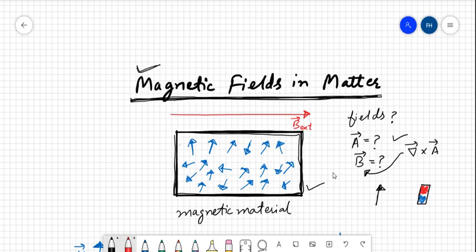How will the magnetic properties change when I apply the external magnetic field? This is my overall goal in studying the magnetic fields in matter. So let's begin.